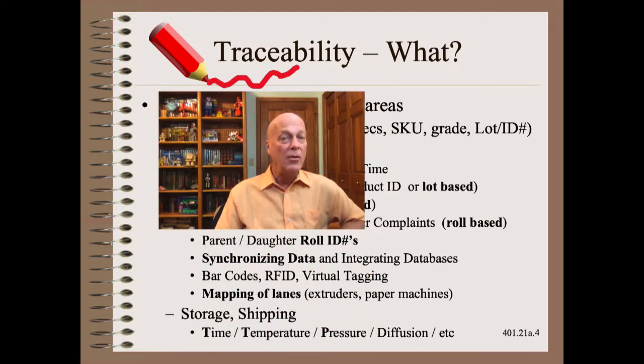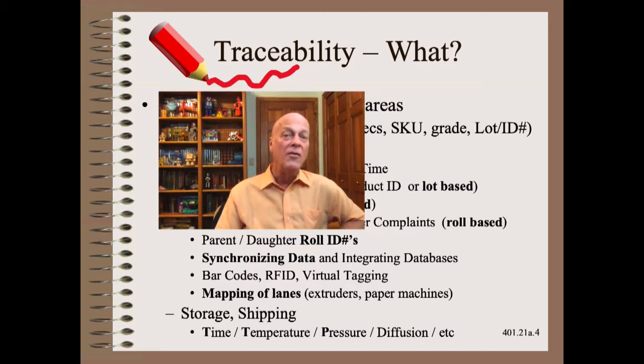In the clip following that, we will propose a roll ID numbering system based similarly to what is used in the paper industry. We will also describe the challenges of synchronizing data sources. We will also briefly mention best practices for labeling of rolls.